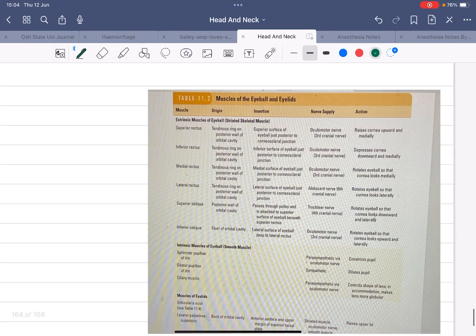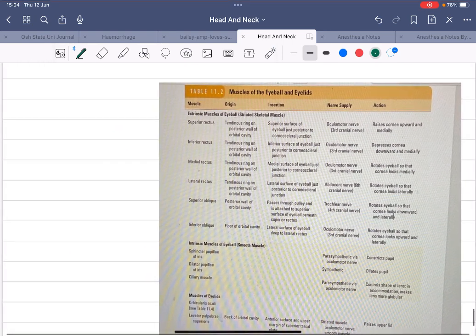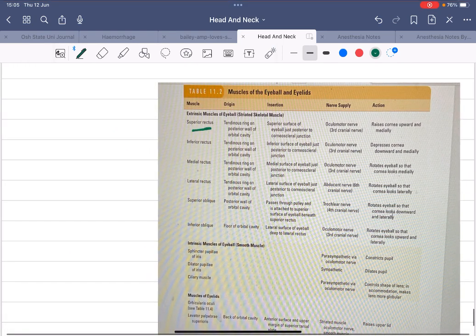So see here, superior rectus muscle raises the cornea upward and medially, inferior rectus muscle depresses the cornea downward and medially. So we will make one very simple diagram, and that simple diagram will be very easy for you to understand what the actions of the muscles are and how they work.